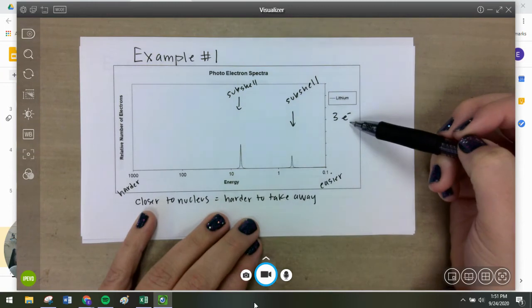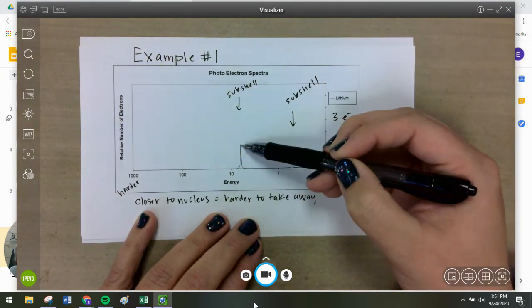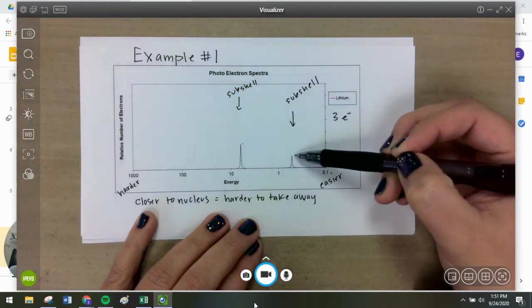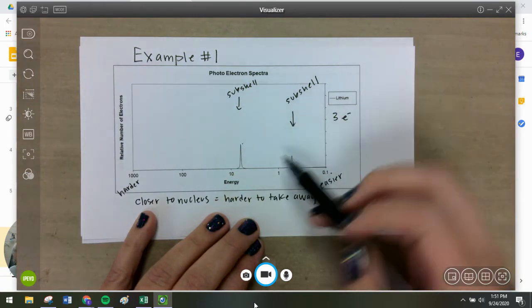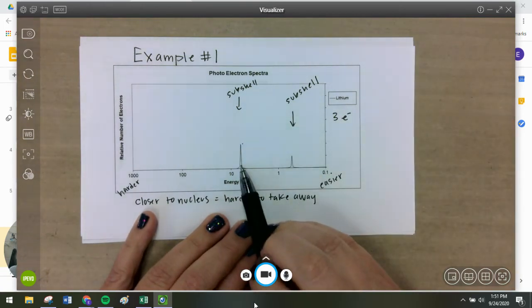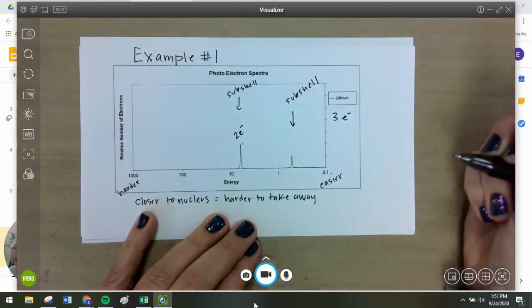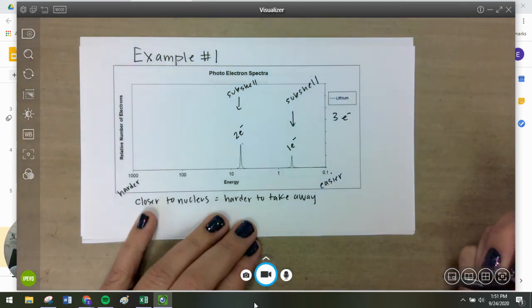We know that lithium has 3 total electrons, and this first peak has twice the size of the second peak. Since I have 3 electrons and this peak is twice as high, this first subshell has 2 electrons and the second subshell has 1 electron.